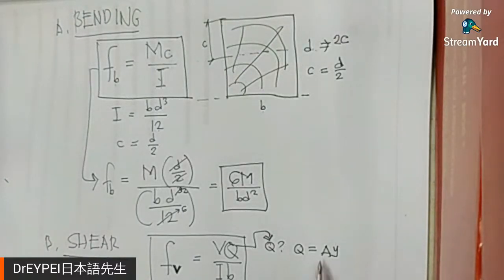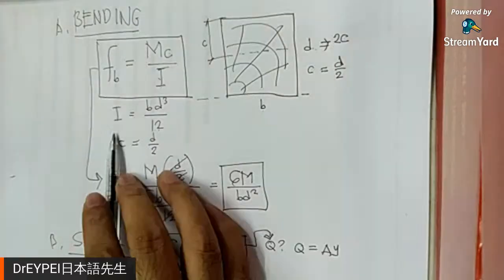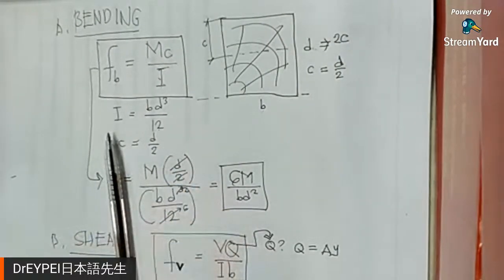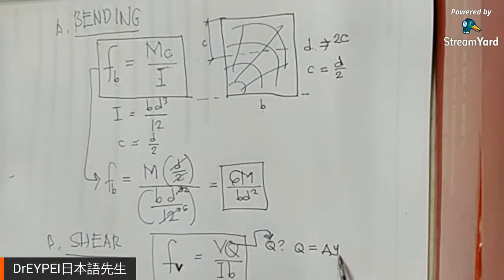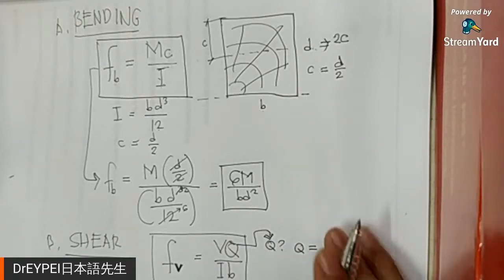That is moment of area. Therefore, the expected unit of measure is distance cube. Right?